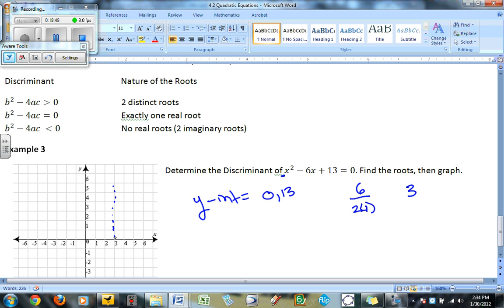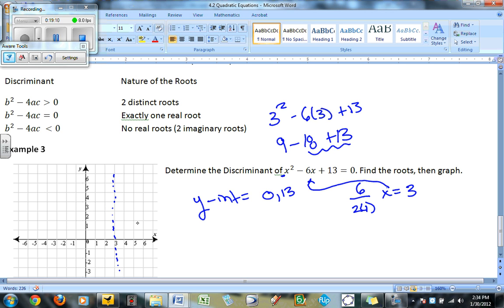So it's symmetric to this line right here. And our vertex is going to be wherever, where x equals 3, what is y? So we get 3 squared minus 6 times 3 plus 13. So we get 9 minus 18 plus 13. Well, this is negative 5, so 4. So 3, 4 is going to be our vertex.